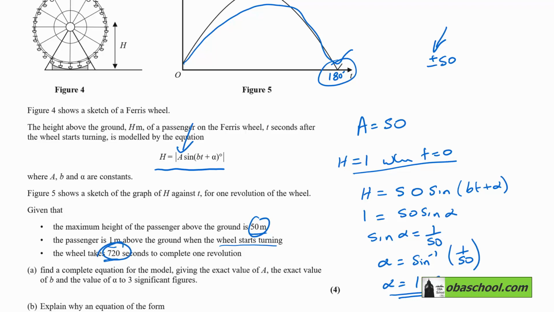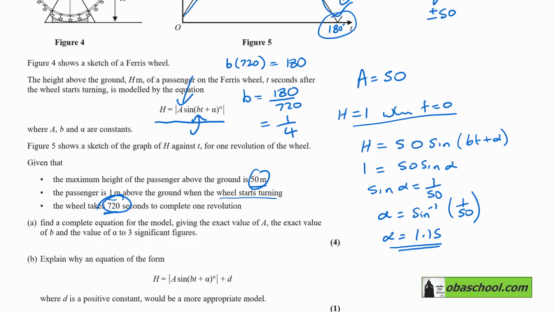And so if we look in here, bt, that means that b times 720 must be equal to 180. That's when it first gets back to 0. And therefore b is 180 divided by 720, which is 1/4.